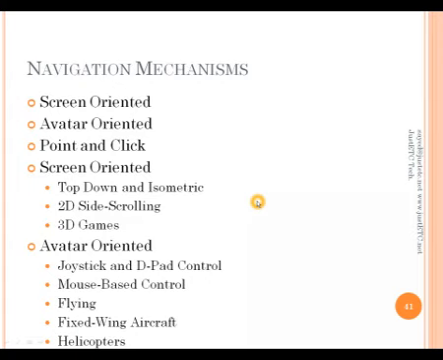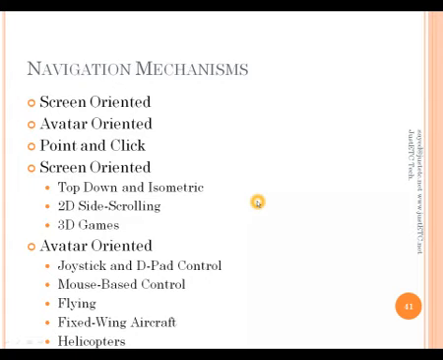What happens in screen oriented? When the player moves the joystick controller up, button up, the player avatar will move towards the top of the screen. It's just computer screen or console screen oriented implementation.